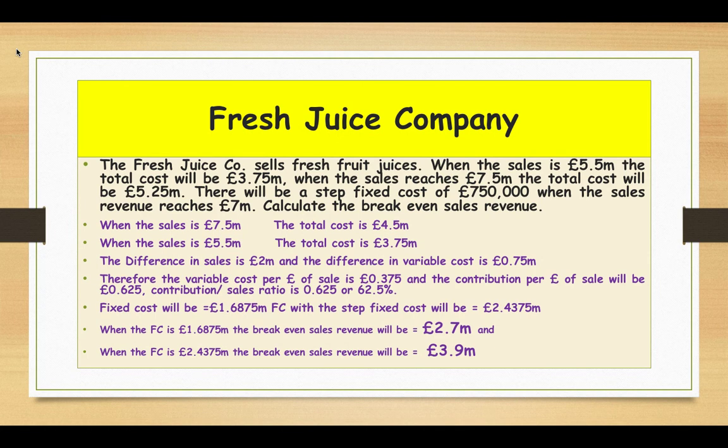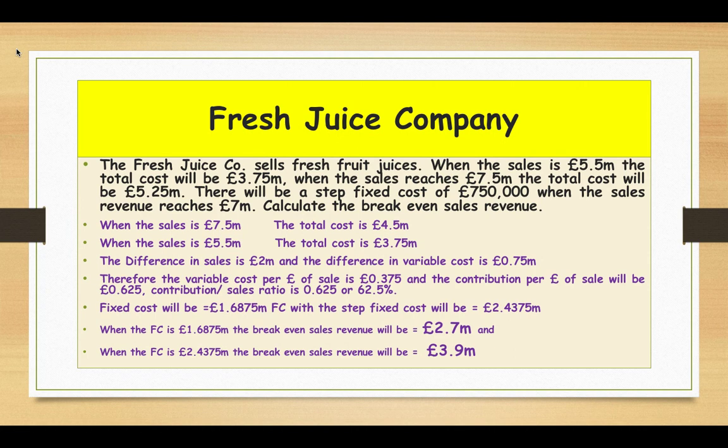So when the fixed cost is 1.6875 million, the break-even sales revenue will be 1.6875 divided by the contribution of 0.625, so 2.7 million. That's our first break-even sales revenue.